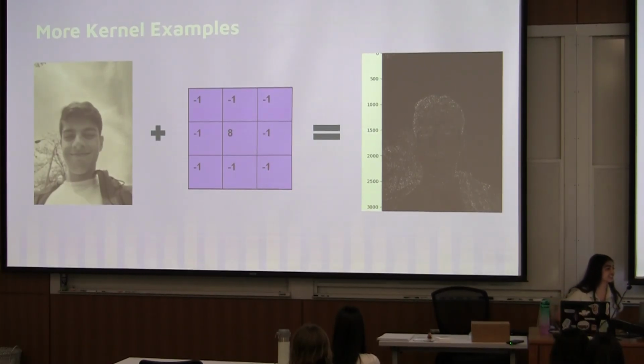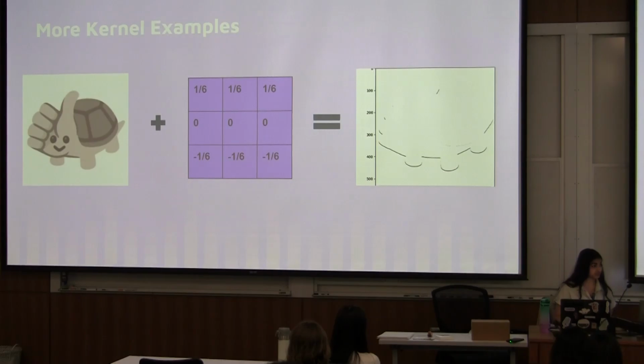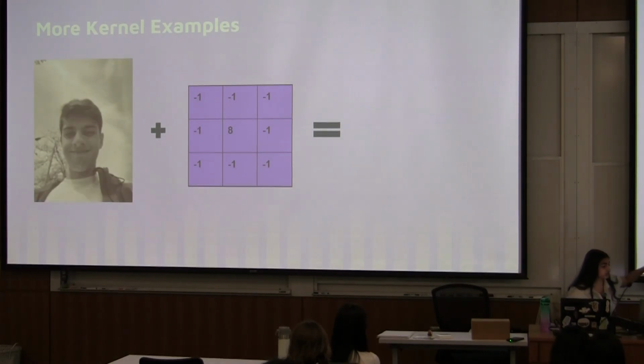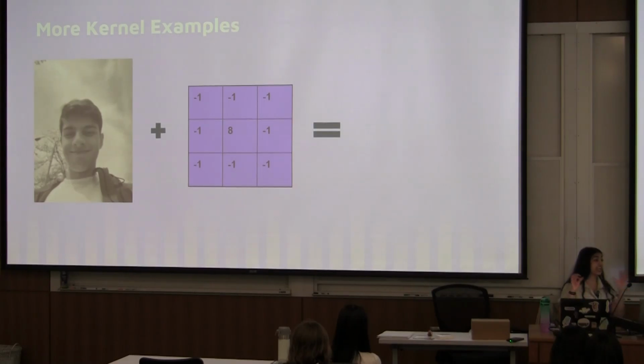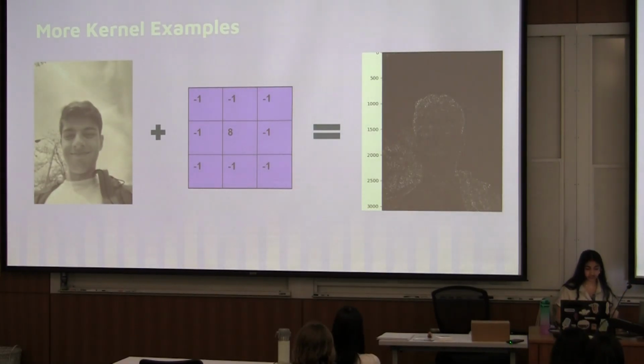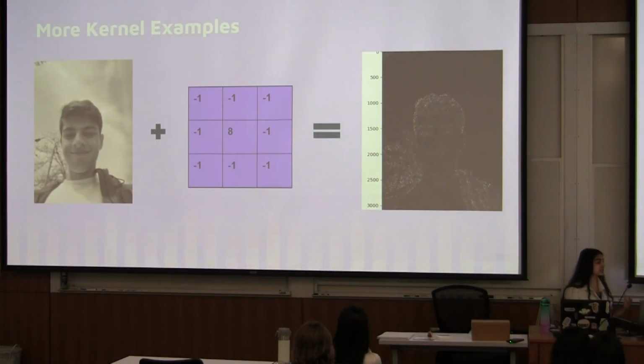Oh, yes? It's because of the zero column. This one has no zeros, and instead has -1 and 8. So it's going intense in the other direction. Later in the slides, I will have the link to how Vibhav made these.